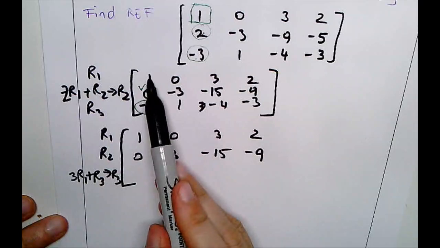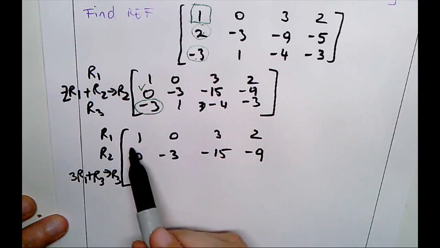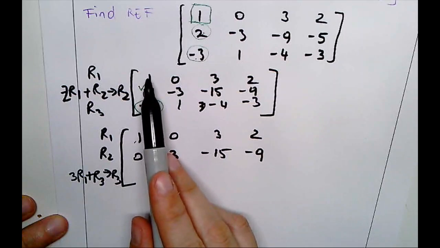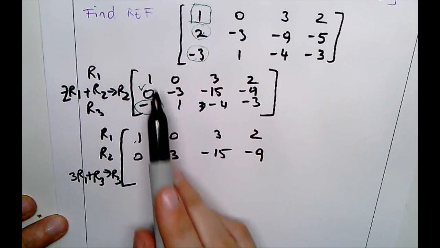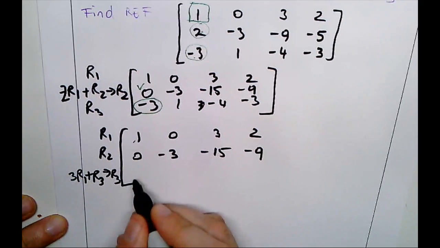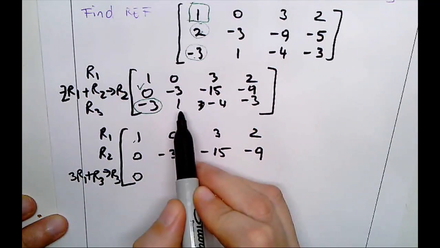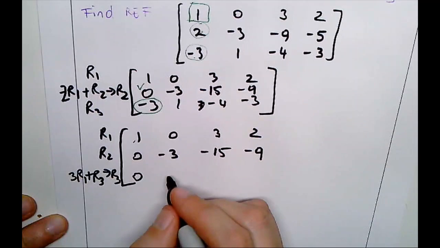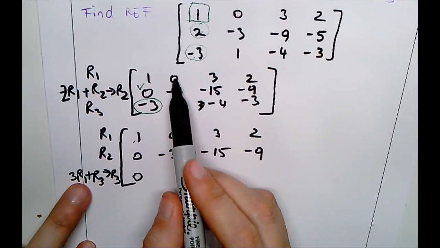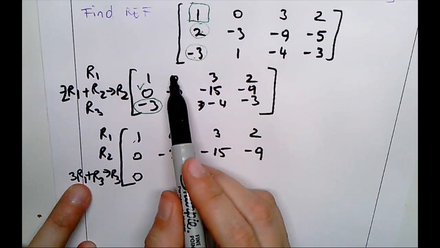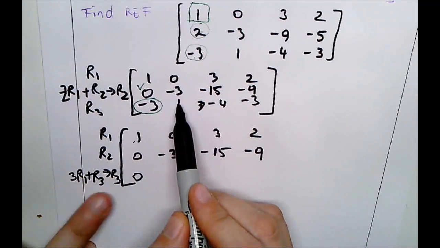So 3 times row 1. So 3 times 0 is 0 plus row 3, which is 1.